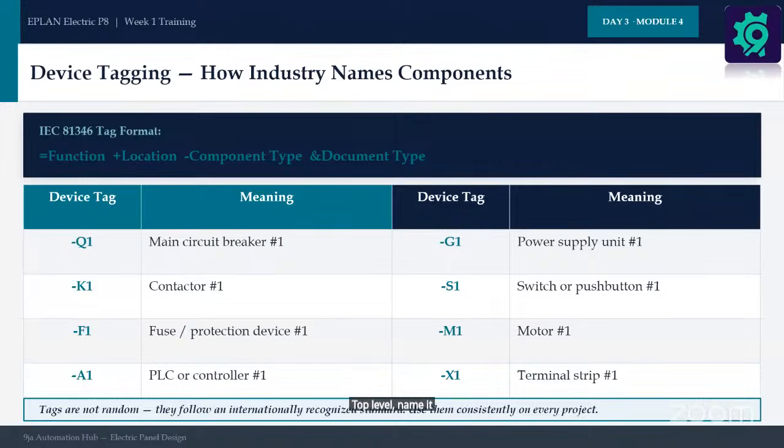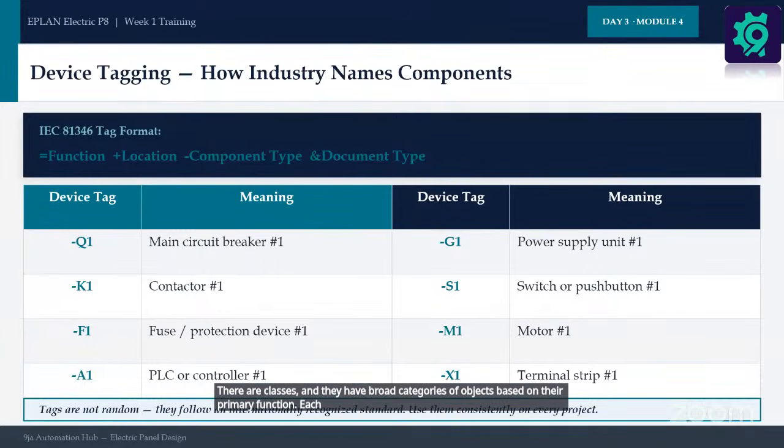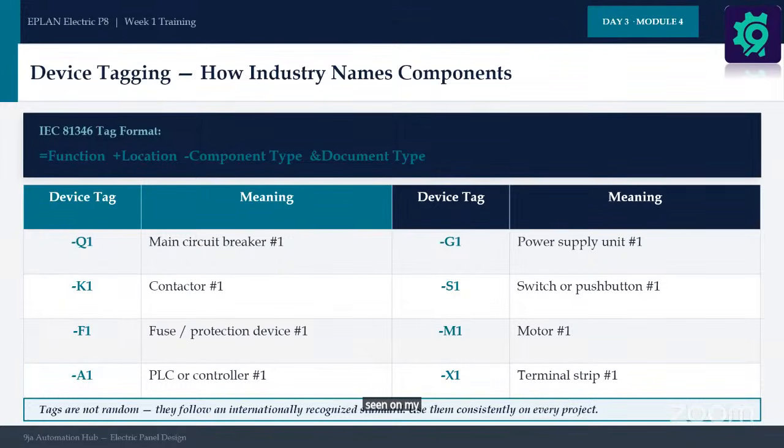Each class is identified by a single capital letter. That's what you're seeing on my screen: K, Q, F, M, X. They are very specific. And we have others, each a single capital letter.